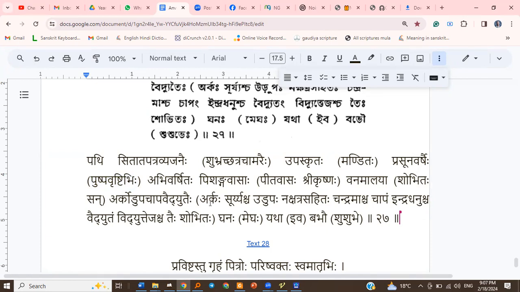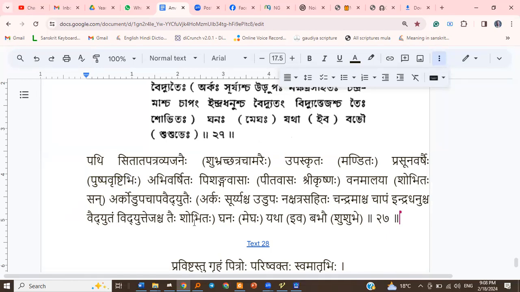So Arka means sun, Udupa means the stars, the constellations, Chandrama the moon, Indradhanu refers to the rainbow, and Vidyut, the lightning, the light.